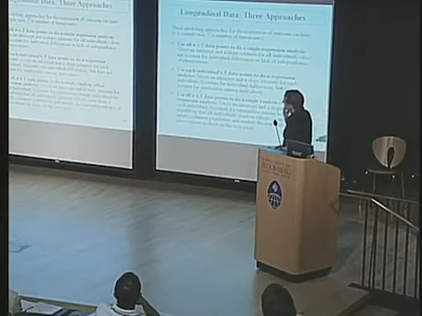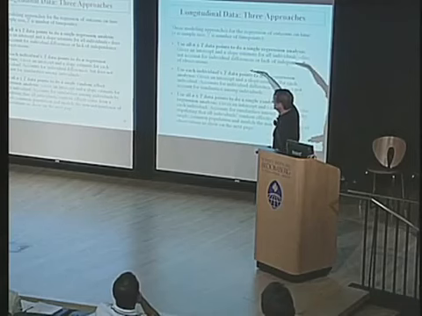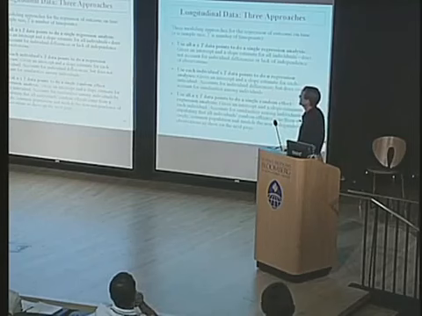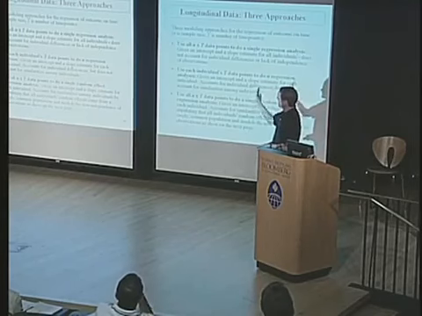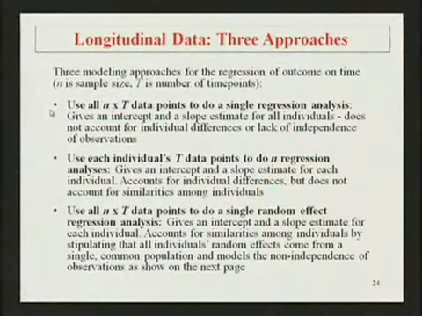So you could use all of your data points. So think of this as a data matrix. People down as rows and the time points as columns. So n by T data matrix, we might call that. And what do you do? Well, actually, in this case, I back up.